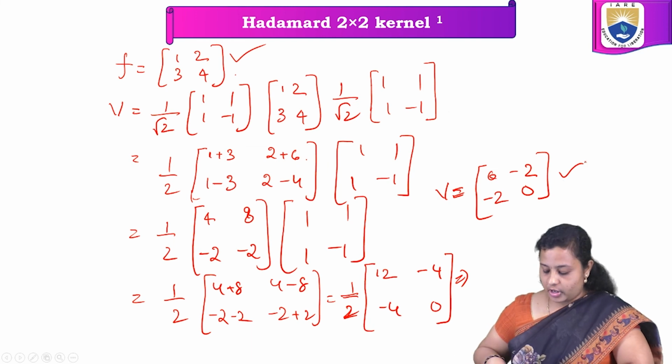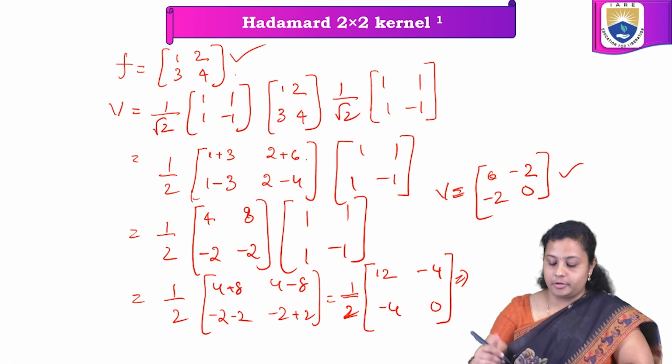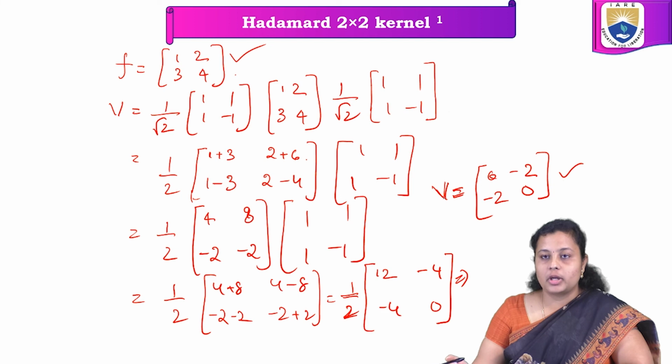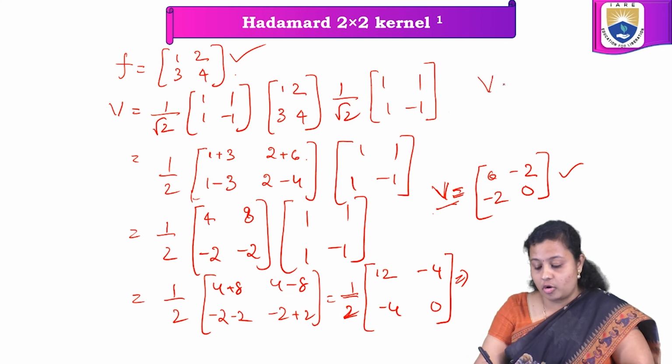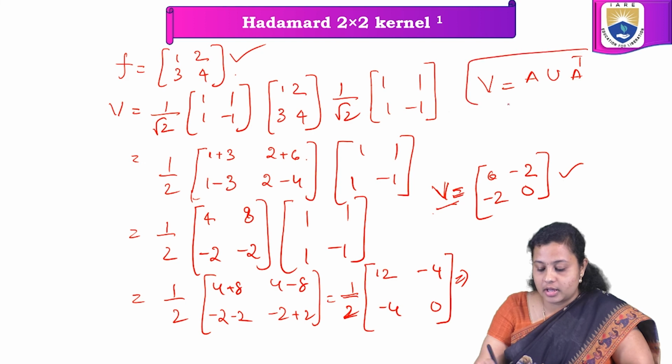Now I have my output image V, and I want to get back my f. We have written V is equal to A into U into A transpose.